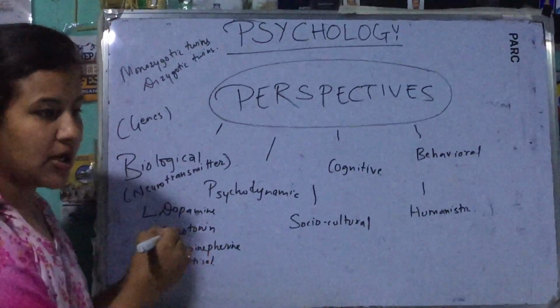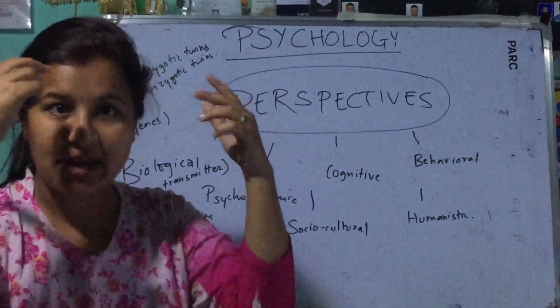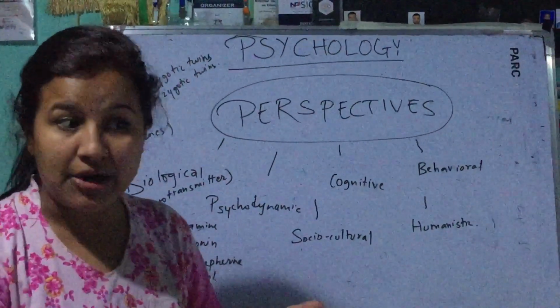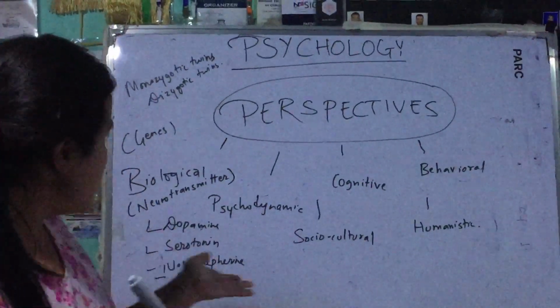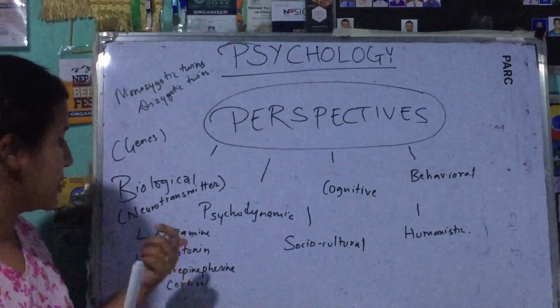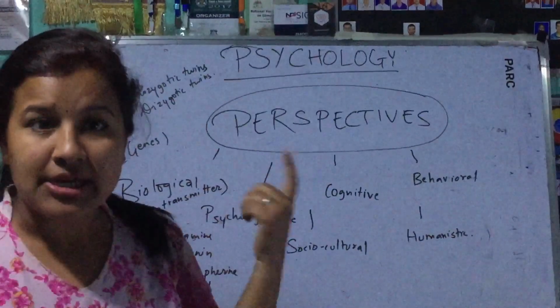I have already explained that there are several kinds of neurochemicals running in our synapses, running in our nerves. But basically, in terms of the psychological perspective, we have four major neurotransmitters: dopamine, serotonin, norepinephrine, and cortisol, which have so much influence in our daily life.